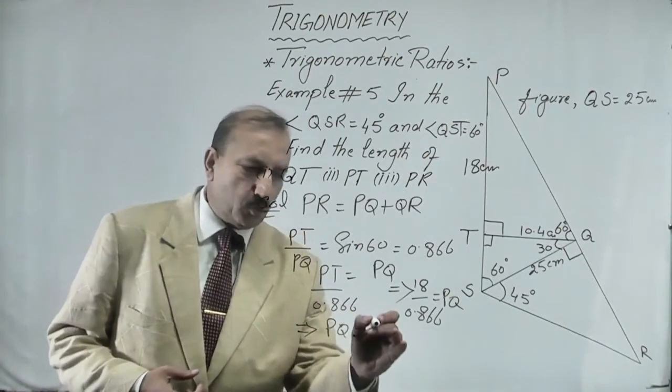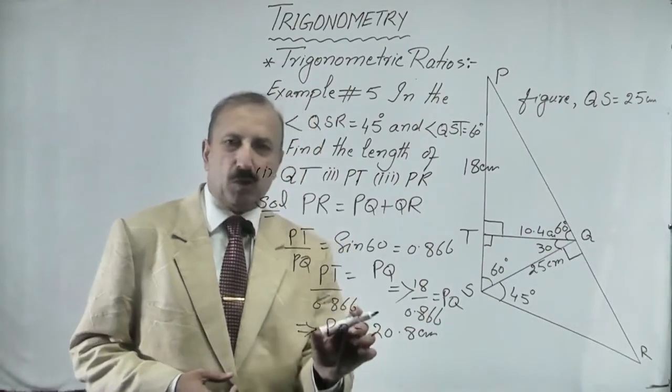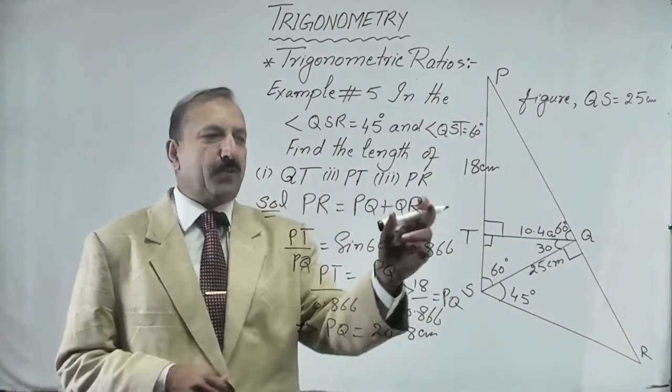So we got 20.8 centimeter, the value of PQ from this triangle, and now we'll find the value of QR from this triangle.